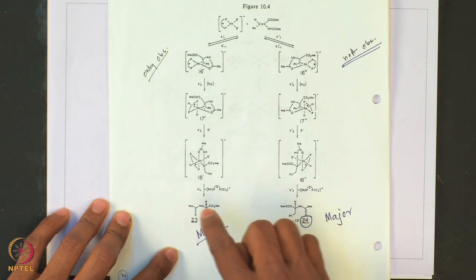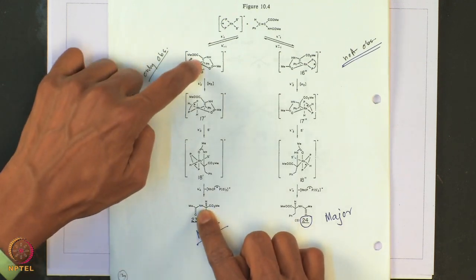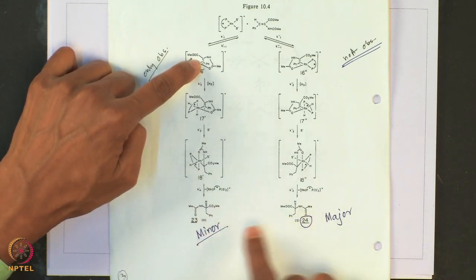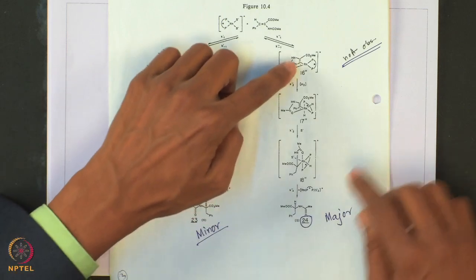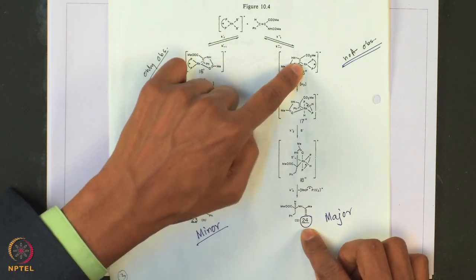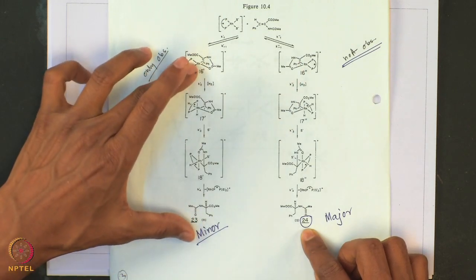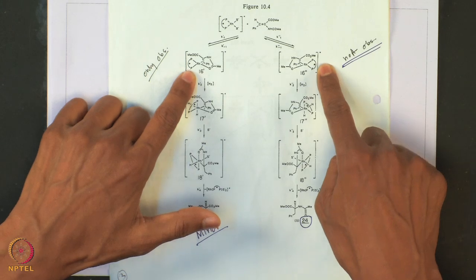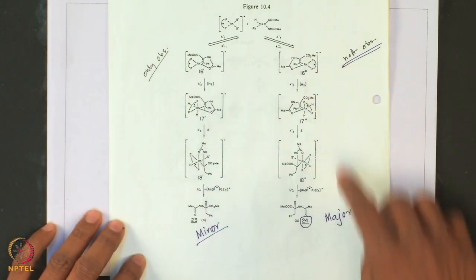This turned out to be the minor product, because from 16 prime to 23 is a relatively higher energy step, whereas from 16 double prime to 24 is a lower energy step compared to 16 prime to 23.